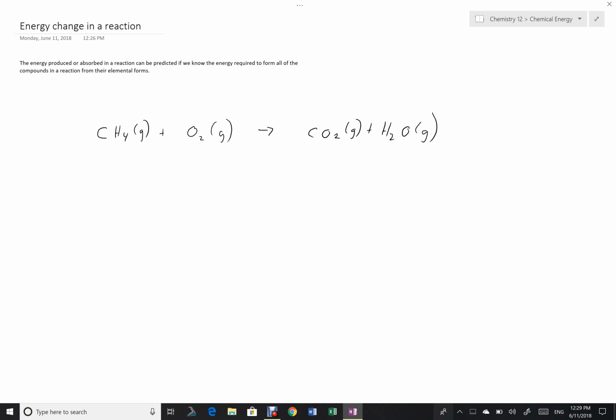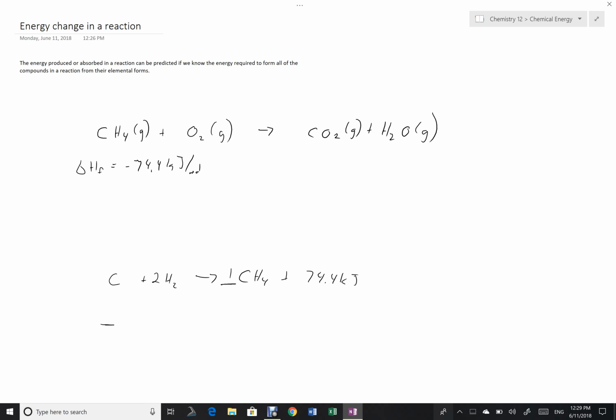Methane, CH4, happens to have a delta H of formation of negative 74.4 kilojoules per mole. What does that mean? That means if you took C and H2, its elemental form, and reacted it to form CH4, so we'd need two of these, we're going to produce 1 mole of this, because that's negative, that means 74.4 kilojoules of energy would be released.